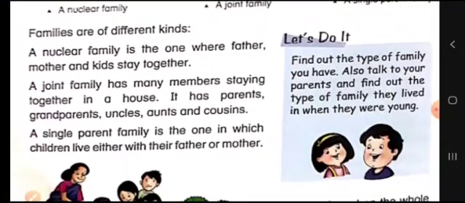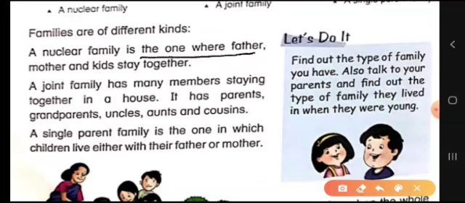Now we will learn that families are of different kinds. So you have understood about the pictures. Now let's learn about those pictures. The first one is a nuclear family. So what is a nuclear family? It is the one where father, mother and kids stay together. Second, we have learnt about a joint family. So what is a joint family?